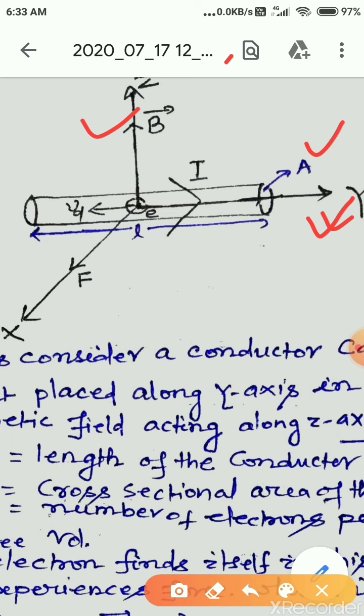These electrons find themselves in this magnetic field, hence they will experience a force. The sum of the forces acting on all the free electrons gives the value of force acting on a current carrying conductor.